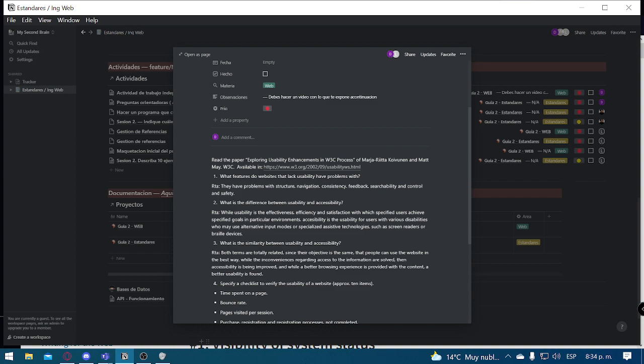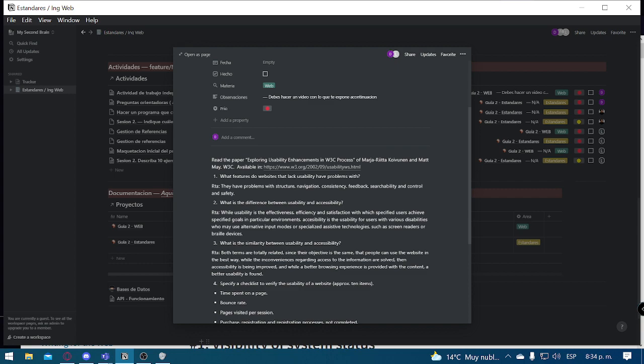In the first question that we have answered, we said what features do websites that lack usability have problems with, and it is that they have problems with the structure, navigation, consistency, feedback, searchability, and control and safety.